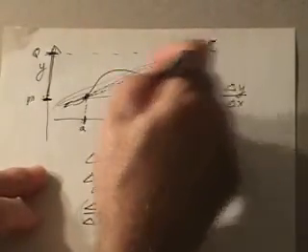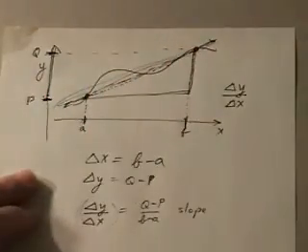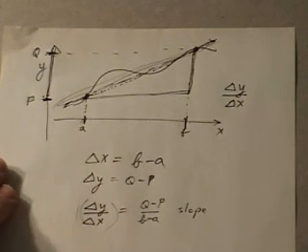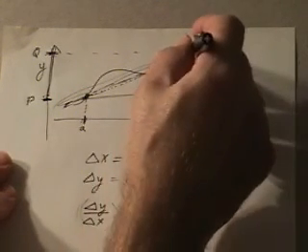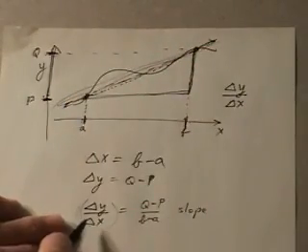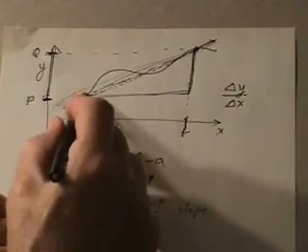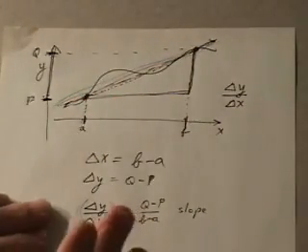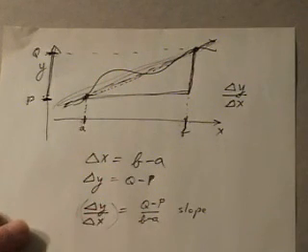Or you could say rise over run. And you've done this before in calculating equations of lines and things like that. So this rise over run is the slope, and it's also the rate of change in going from here to there. But it's the average rate of change, because we haven't taken a smaller and smaller and smaller time interval.